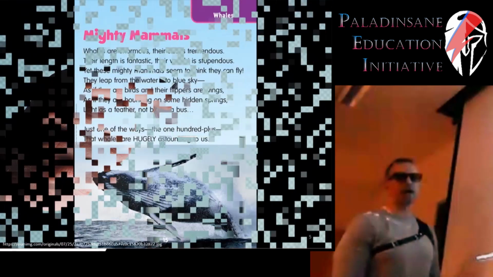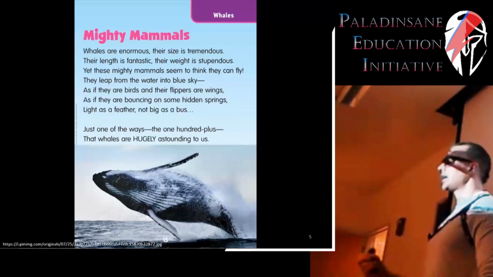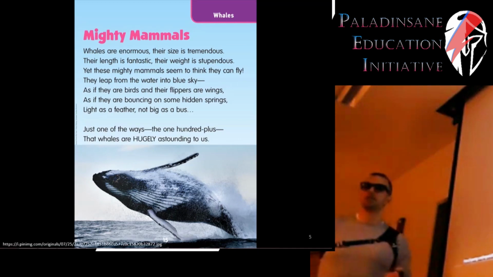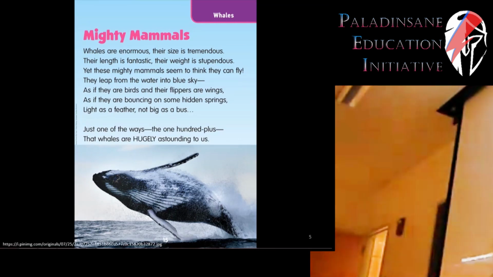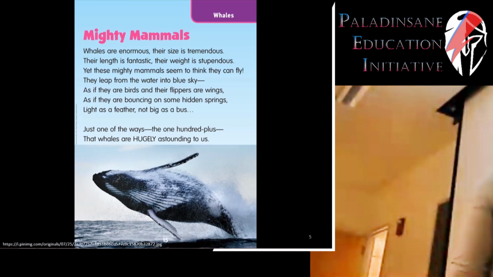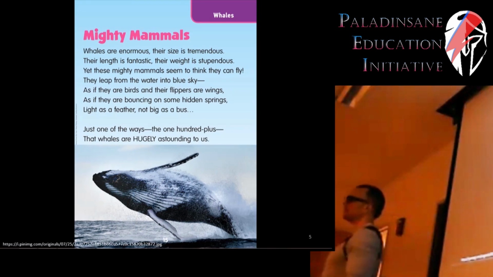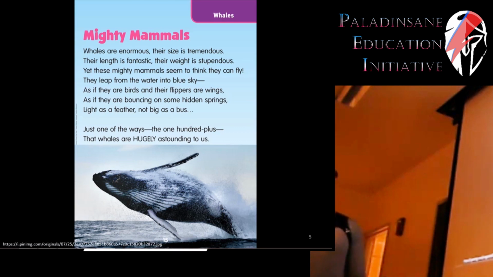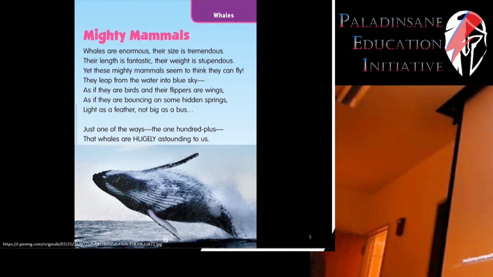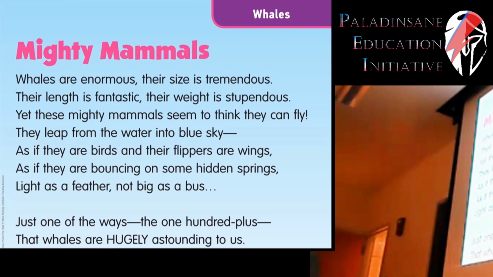And we'll take a look at research that has actually been carried out on different learning styles and the ability to learn information. I've often seen teachers create learning materials such as this. So we have here a poem about mighty mammals, about the whales.